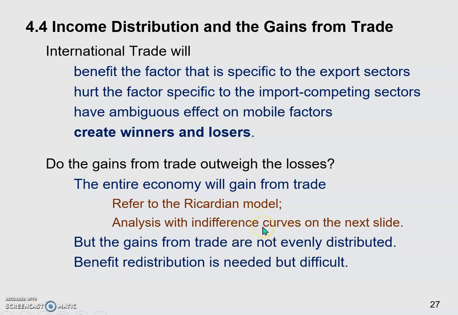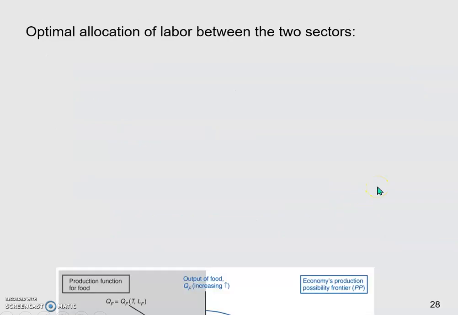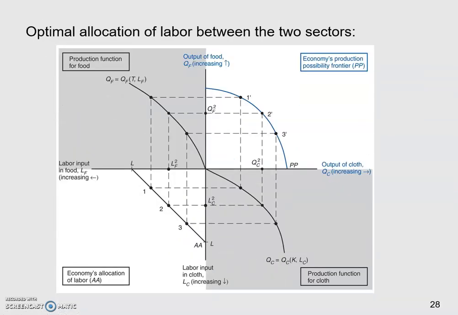So now let's come back and look at how we can use another way to show gains from trade, here with the indifference curves. Now this 4-quadrant graph we should be super familiar with at this point. We already discussed this before.